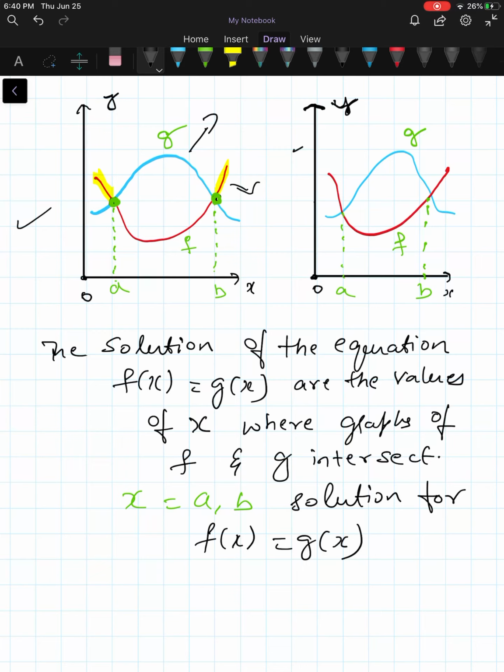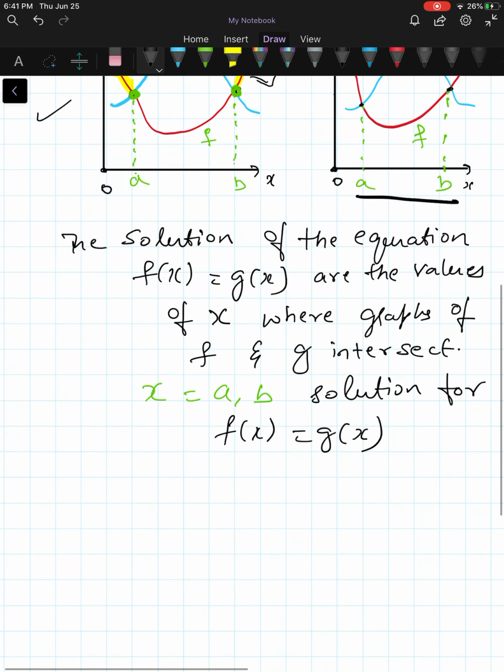And if you have an inequality, here you can see within a and b, as I explained earlier, g is taking higher values than f. Therefore, the values that come in between a and b will be the solution for the inequality f of x less than g of x. You learned how to solve inequalities and certain equations in section 1.